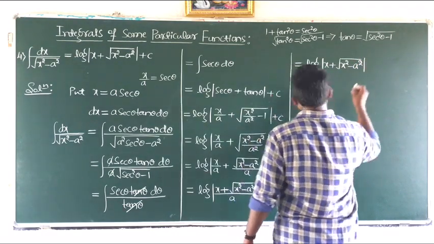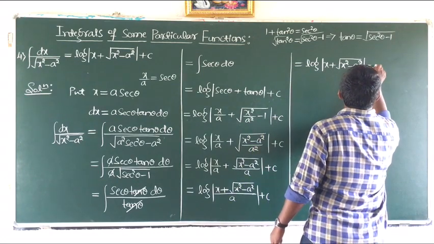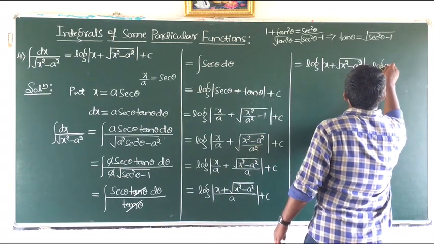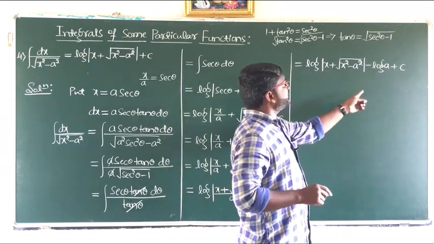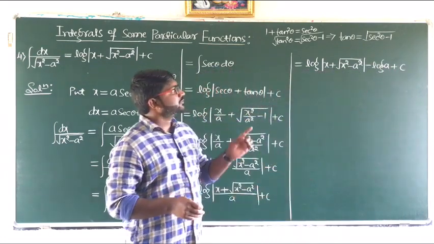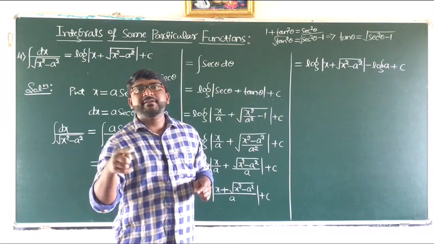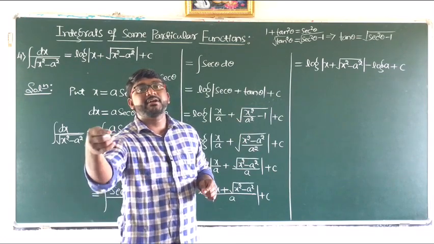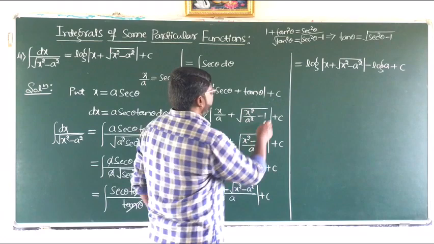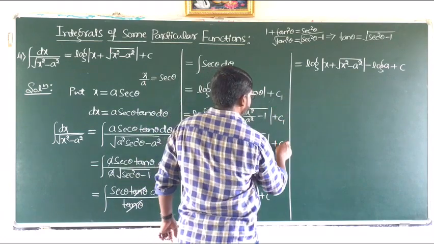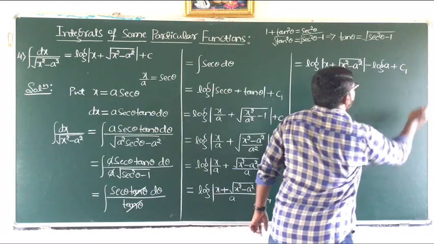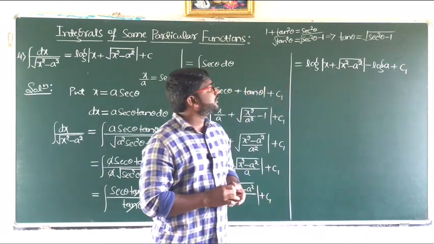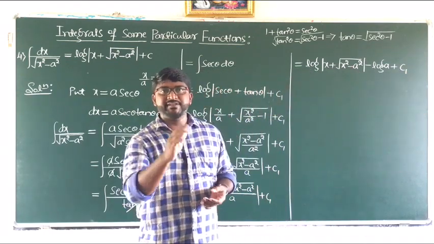This is log x minus log y, that is minus log a plus c. So here minus log a plus c is a constant. So in integration, a constant can be replaced by another constant. So for that I take all this as c1. That means now minus log a plus c1 can be replaced by c.